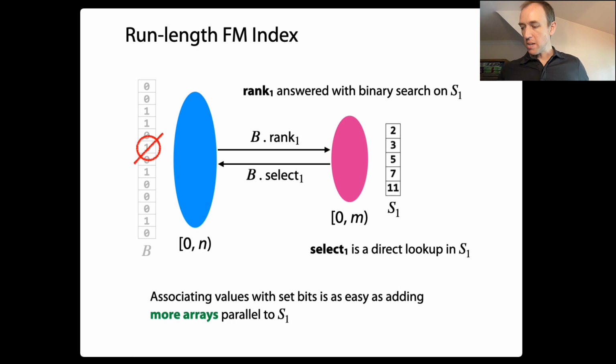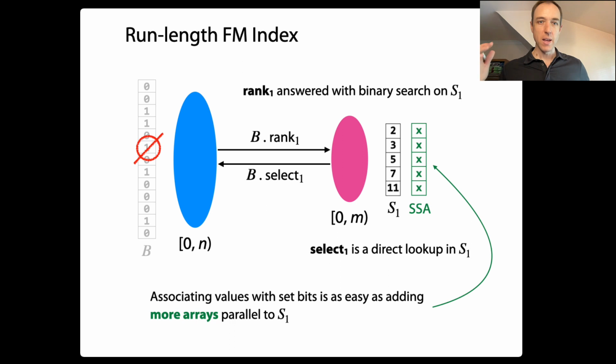If we want to associate values with those answers, which might correspond to the run heads and tails, we could store another array parallel to S1. For example, if this was an array of suffix array samples, we might call it SSA, for sampled suffix array. We would just arrange that array parallel to S1 and then it would contain some associated data. So this is how we can associate suffix array samples with the run heads and tails.